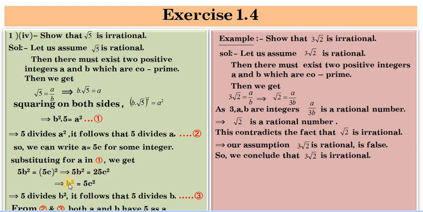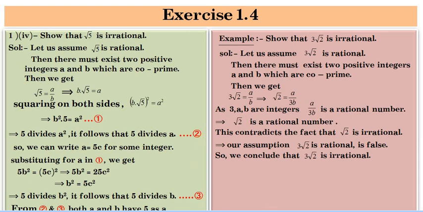So this implies B square is equal to 5 C square. Now here again it repeats the same statement as statement number 2. Here B square is a multiple of 5. That means 5 divides B square. From this it follows that 5 divides B. So this is a statement. Now you mark it as 3.